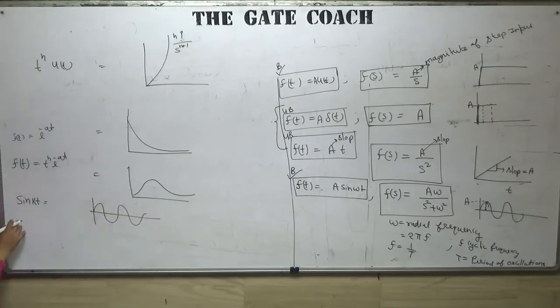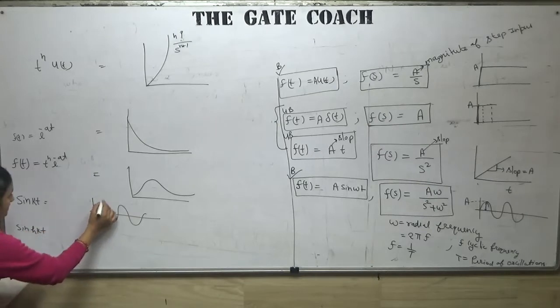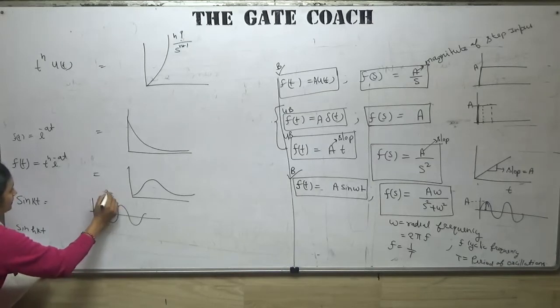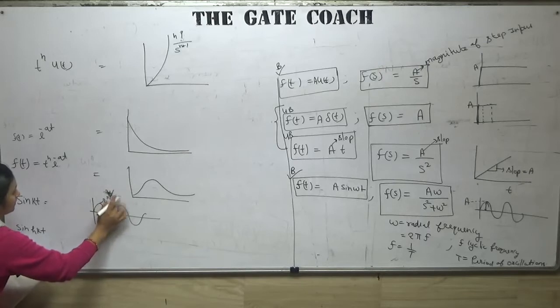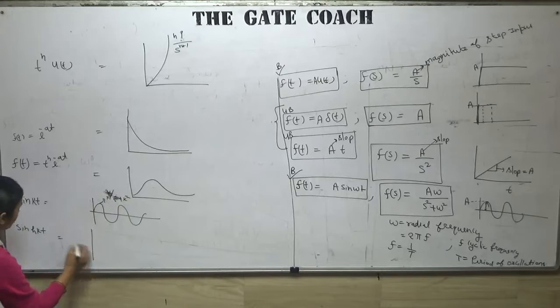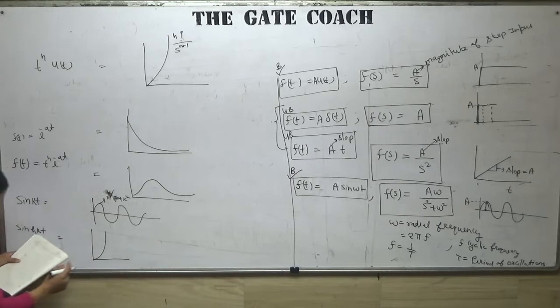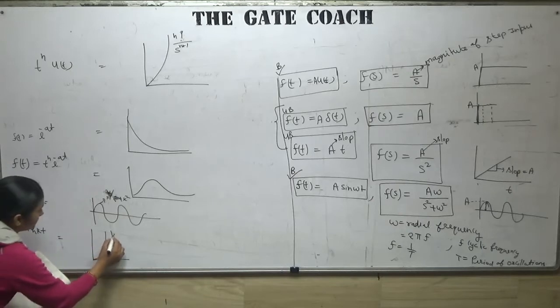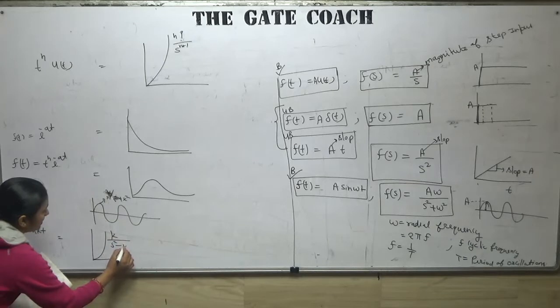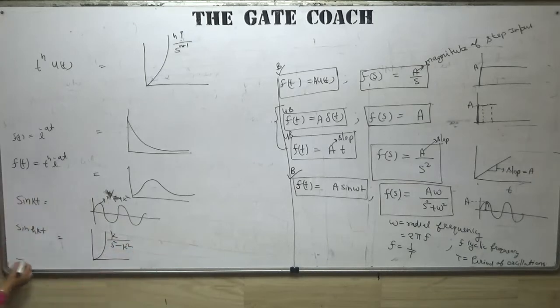If it is sine hyperbolic kt, its transfer function is, we know, k upon s square plus k square for sine kt, but in this case it will be k upon s square minus k square, that is sine hyperbolic kt.